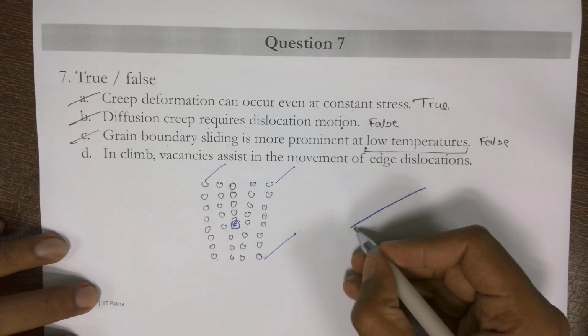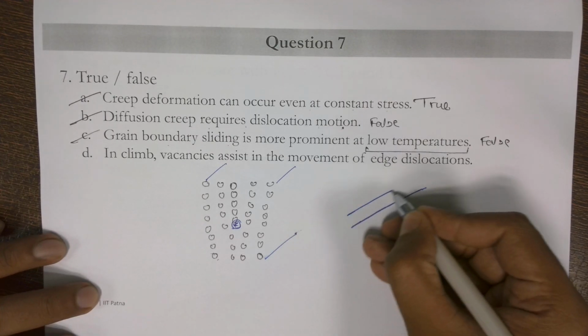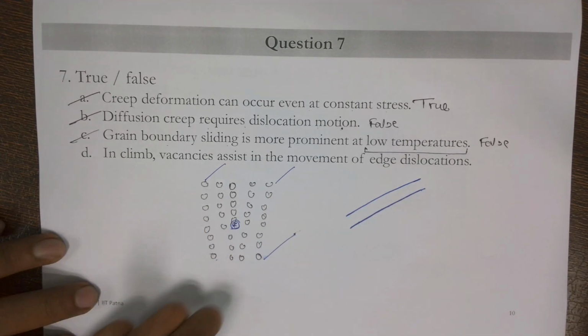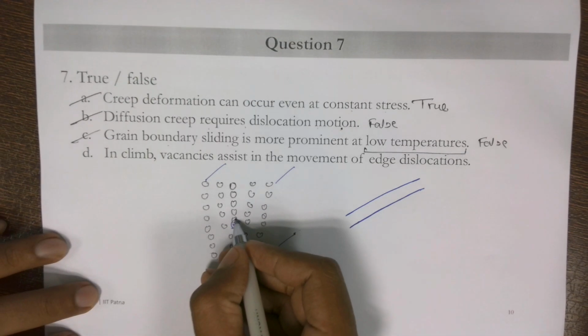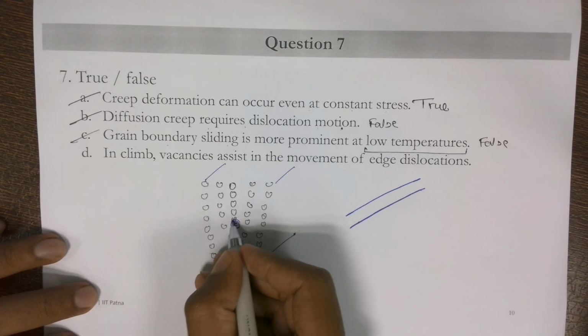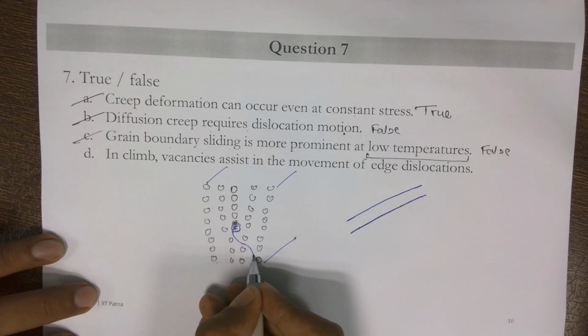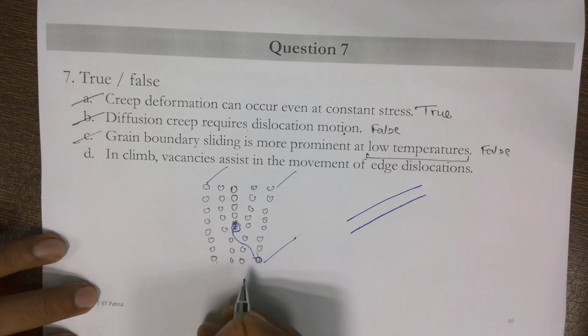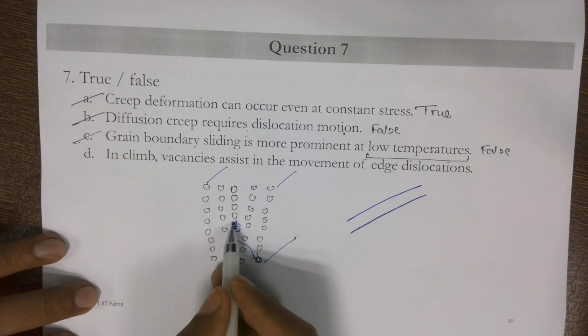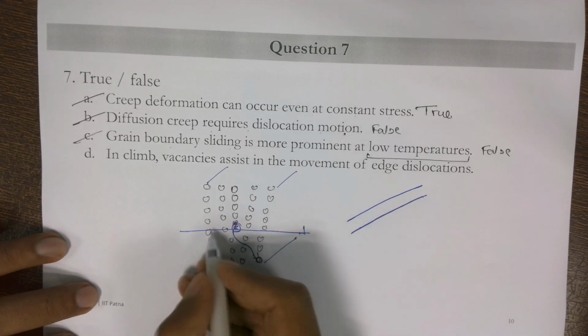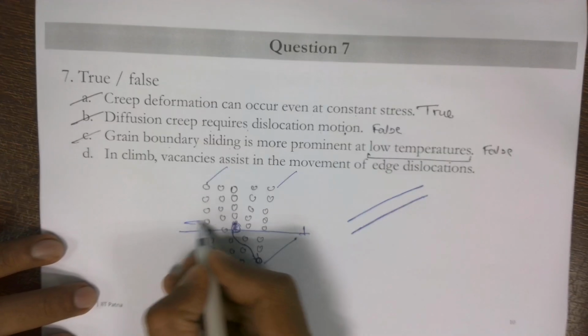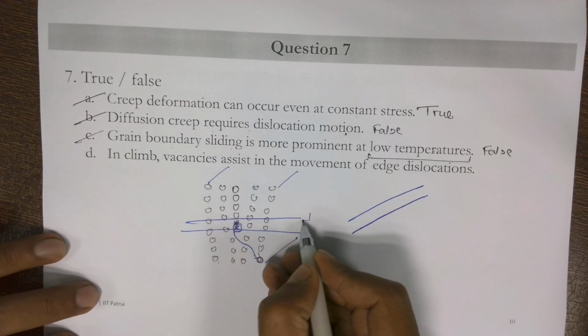If my dislocation wants to move and climb up, what should it do? It should lose this atom. This atom should go to one of the vacant sites. Let's say this is a vacant site, so it will go over here. Now the dislocation which was over here, this atom also left, so the dislocation will move up.